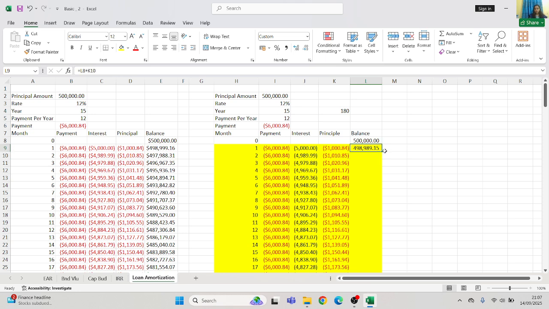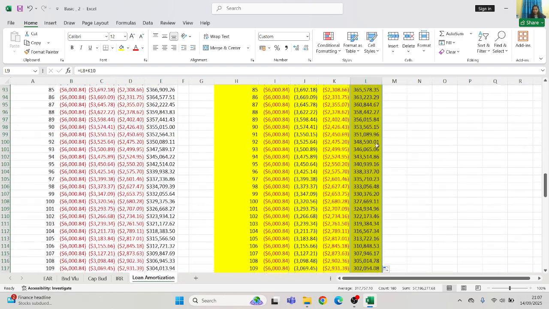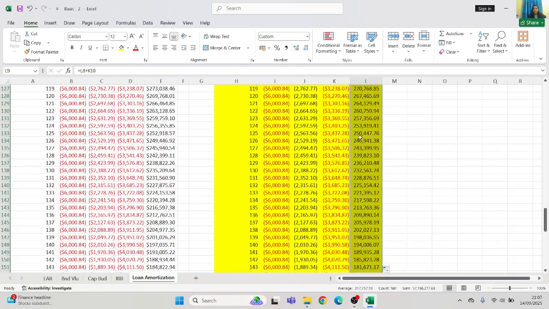Now we have to drag them from 1 to 180 cell. Yes, here is our loan amortization table. Thank you everyone.